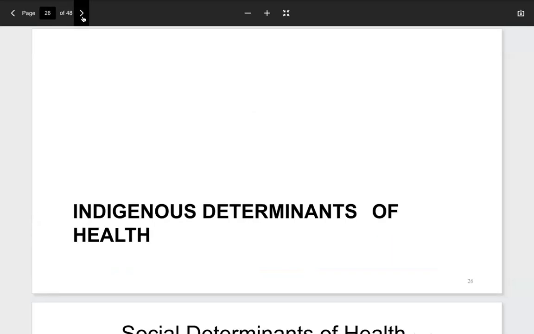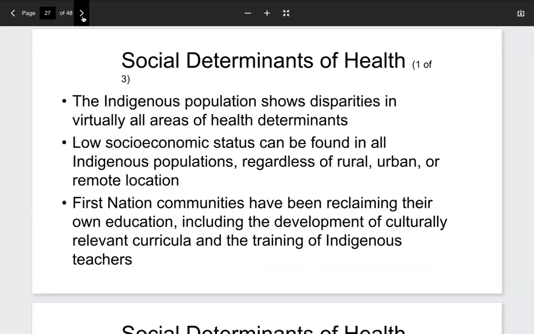So now we're going to talk a little bit about the Indigenous determinants of health. So while Canadians are considered among the healthiest people in the world, the health status of the Indigenous community in Canada is lower than the rest of the Canadian population, and that's largely because of these dramatically different circumstances.